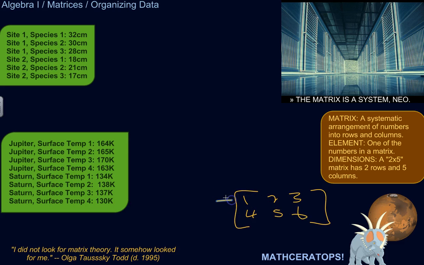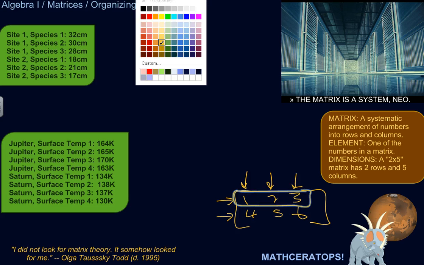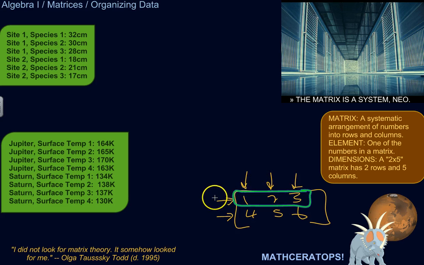So there are 2 rows in this matrix and 3 columns. What is interesting is that all of these numbers, for example, share a certain property, and that is that they're part of the first row.